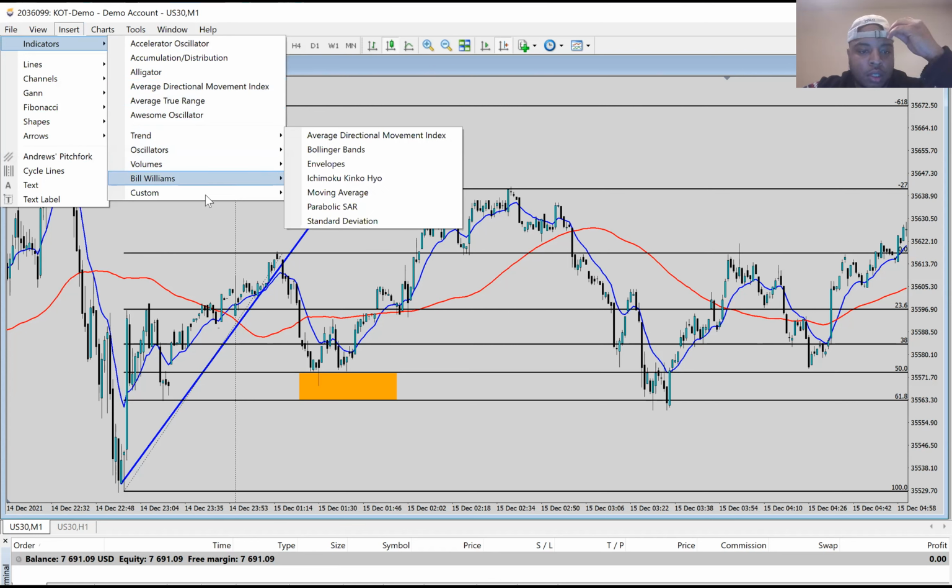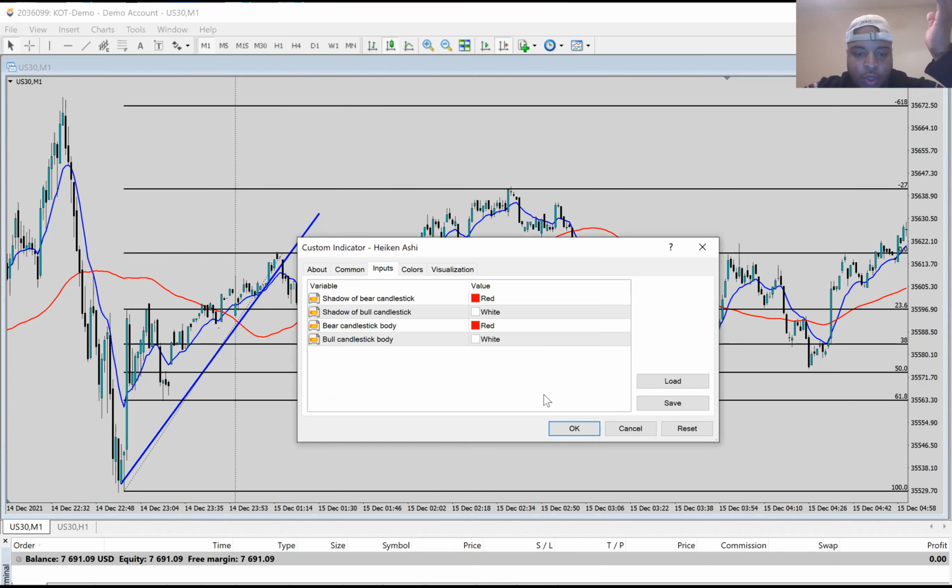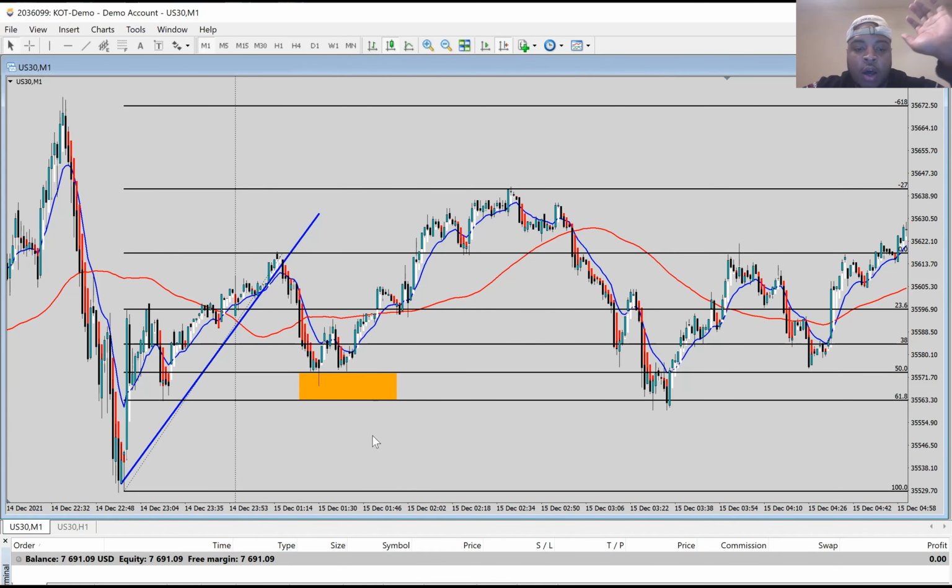Where is it? I call it the HK, but the actual name is Heiken Ashi. Boom. All it does is show you the momentum of the market. Basically, it shows you which direction the market wants to trend.